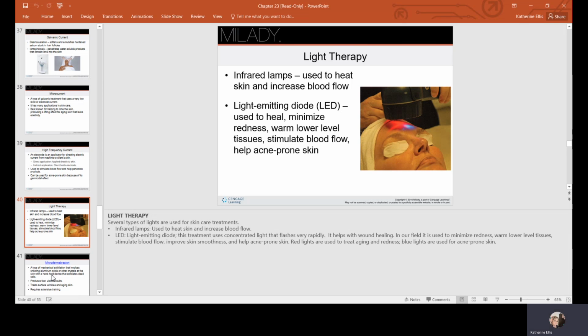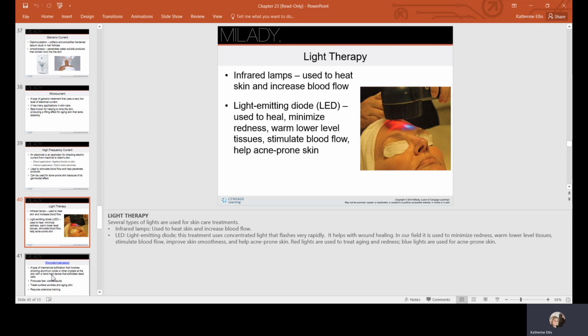Light therapy, infrared lamps are used to heat skin and increase blood flow. LED, or light emitting diode, is used to heal, minimize redness, warm lower level tissue, stimulate blood flow, and help acne-prone skin. So there are different light waves that we use for different results on the skin.